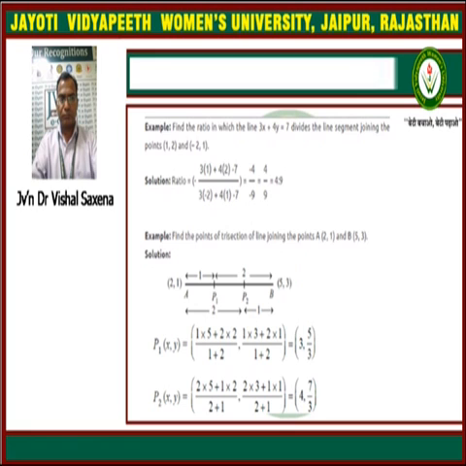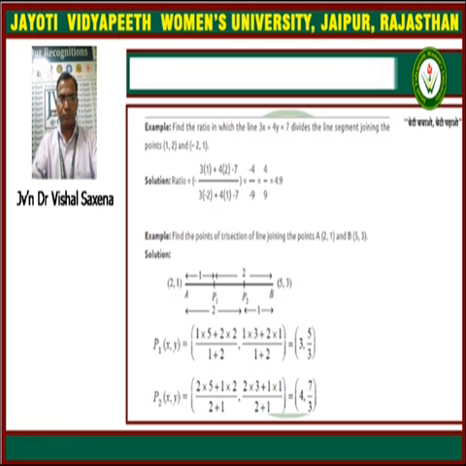So first of all we have to find the ratio in which the line divides these two points. The ratio is given by (3 × 1 + 4 × -2 - 7)/(3 × -2 + 4 × 1 - 7), and this is equal to -4/-9, meaning 4/9, that is equal to 4 : 9.